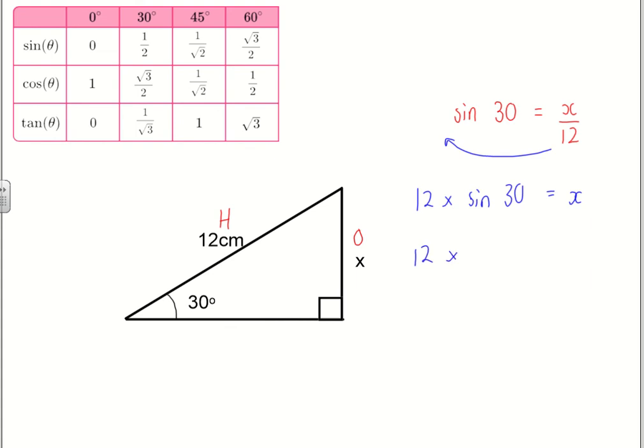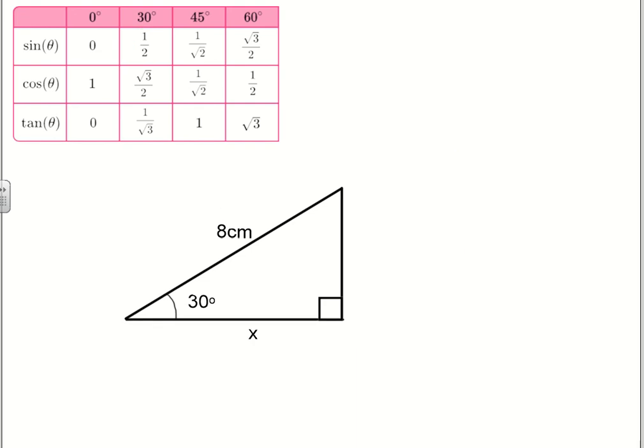So 12 times a half is x, and a half of 12 is 6. That one comes out nicely because it doesn't have any surds in it. Deliberately started with that one. So all we're doing is making a bit of a substitution. Sine 30 is a half because up in my table, sine 30 came out as a half.